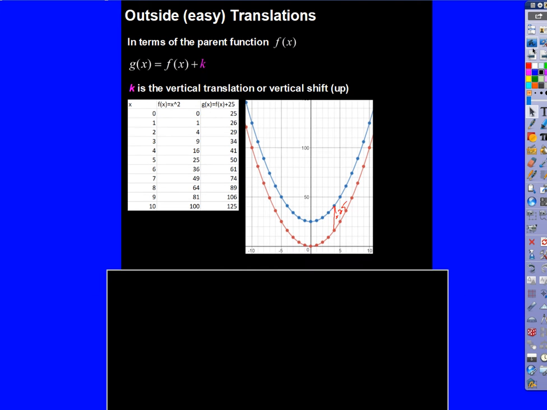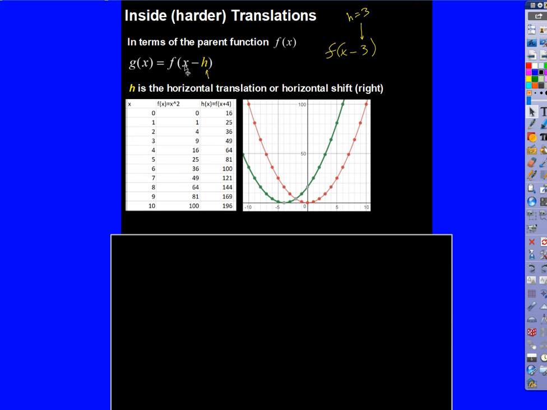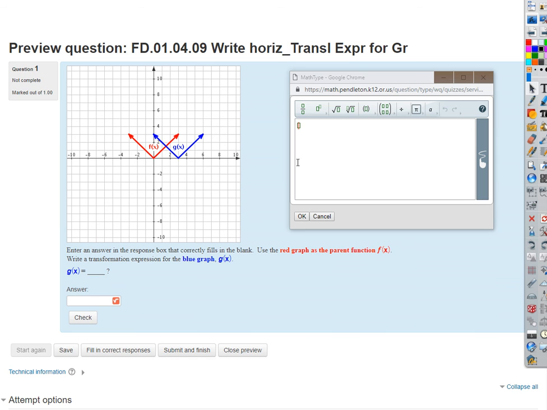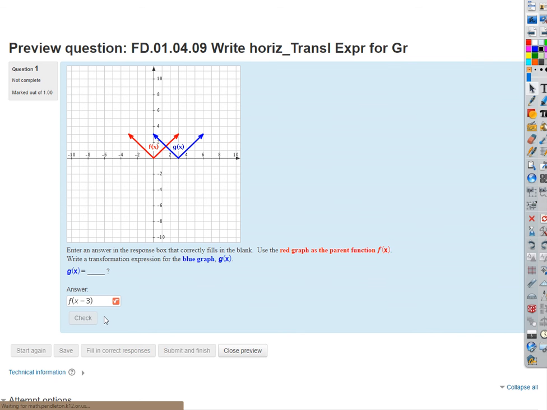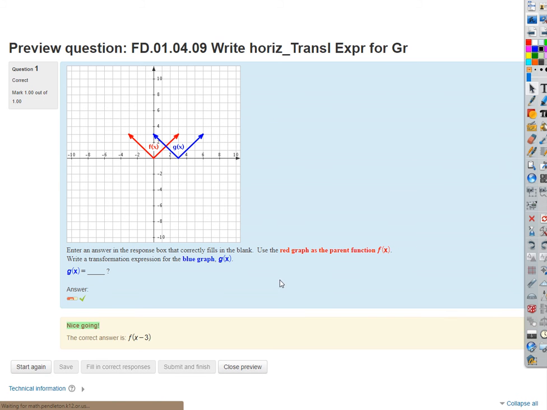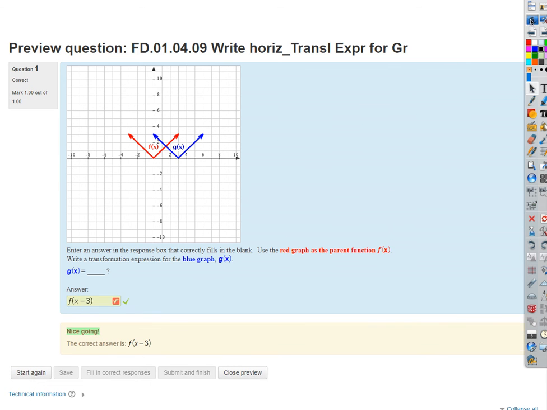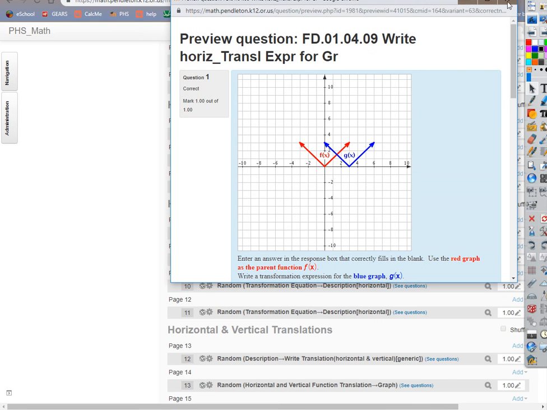Horizontal shifts are given by f of x minus h, where h is the value of the horizontal shift. So this is going to be g of x equals, I'm just filling in the blank, f of x minus 3. How about that? Nice going.